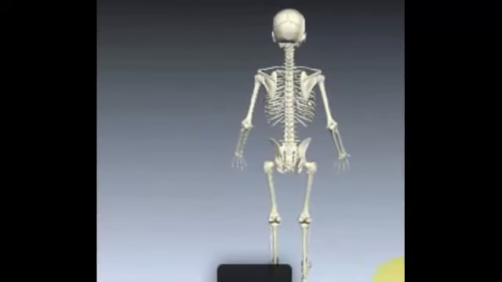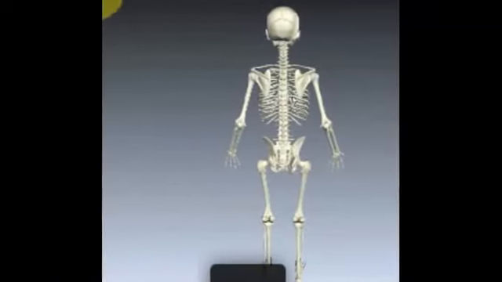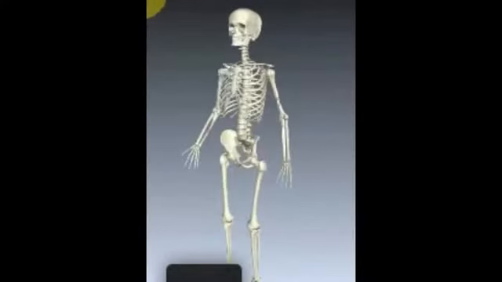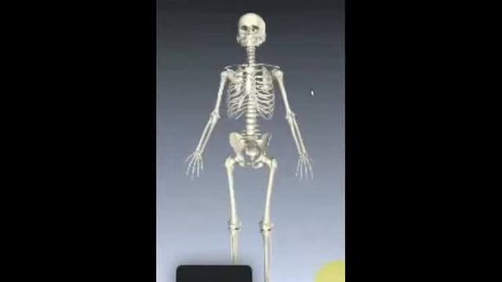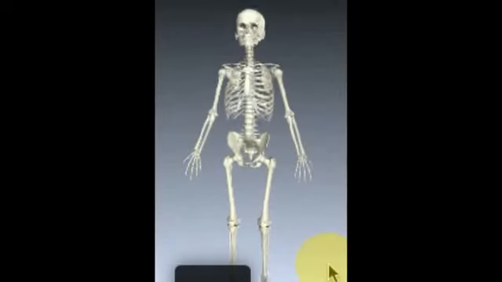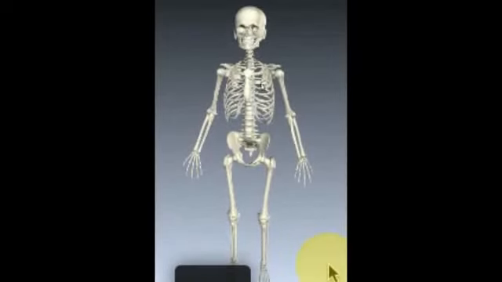When you get to 30 years old, some of these bones stick together and finally you have 206. You may separate the bones of the body by different criteria. First, the human skeleton can be divided into the axial skeleton and the appendicular skeleton.